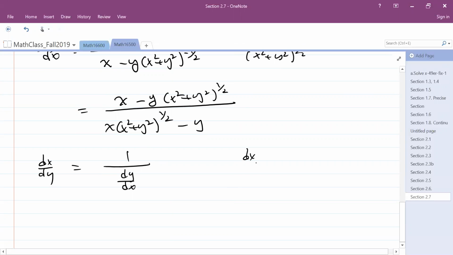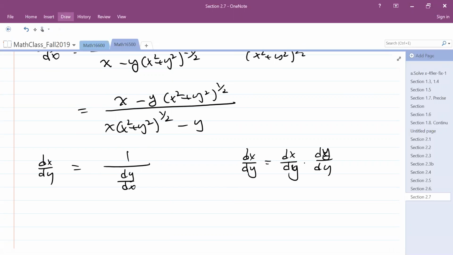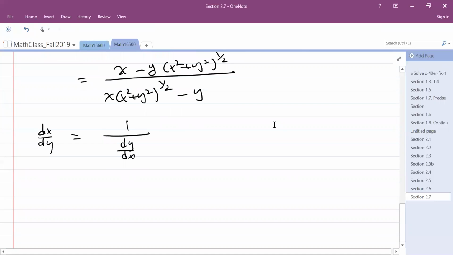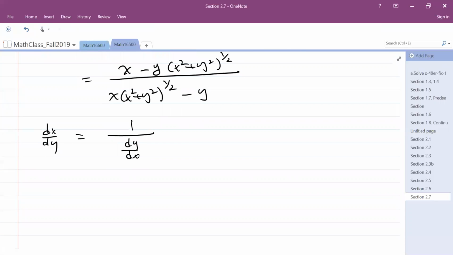The derivative of x with respect to y is going to be the derivative of x with respect to x, then derivative of x with respect to y, right? No, I'm confused. Hold on, let me erase this first. Yeah, this is an inverse function. Let me explain why this is true. dy/dy is going to be 1.